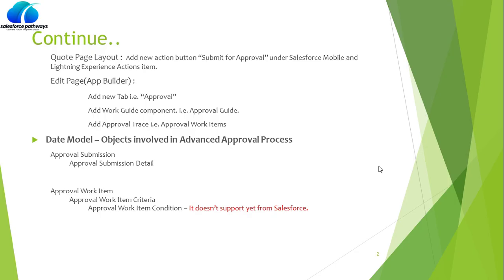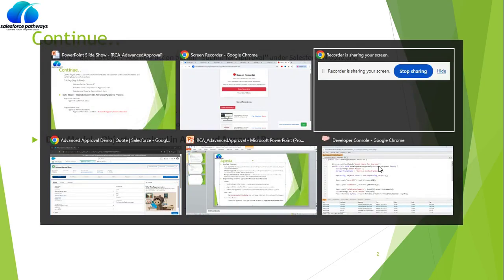Then these are the data models involved in the advanced approval: approval submission details, approval work items, and approval work item criteria, which is the condition applied. Approval work item condition is also an object, but it doesn't support access from Salesforce. So let's move to the demo part without wasting any time.